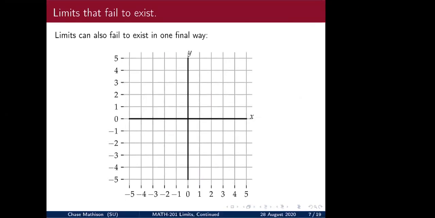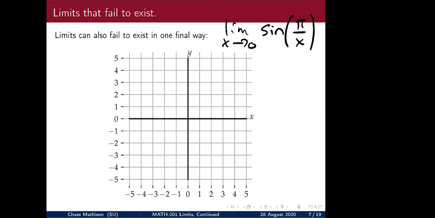It still relies on the fact that this function that I'm about to draw doesn't ever settle down to one number. So we're going to look at the limit as x approaches 0 of sine of pi over x.